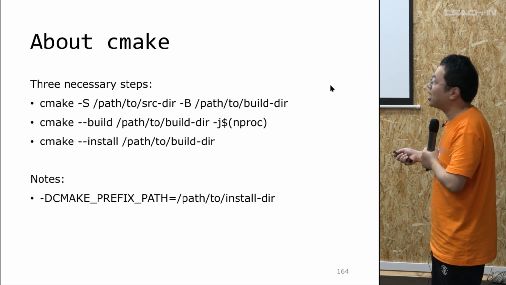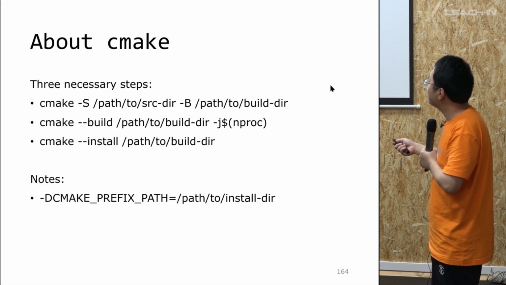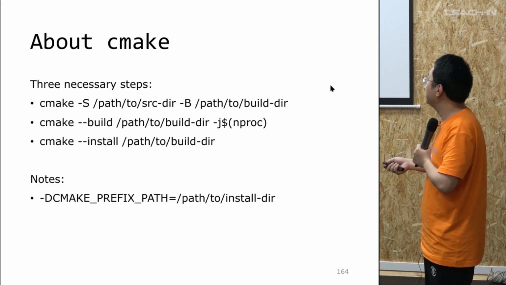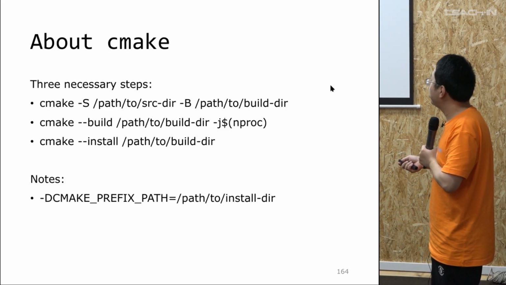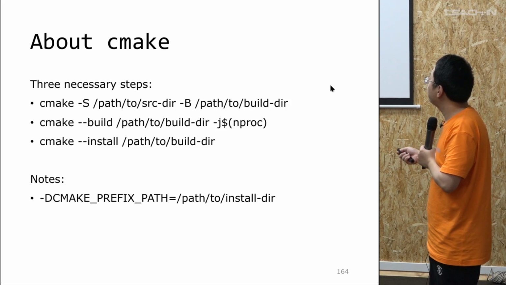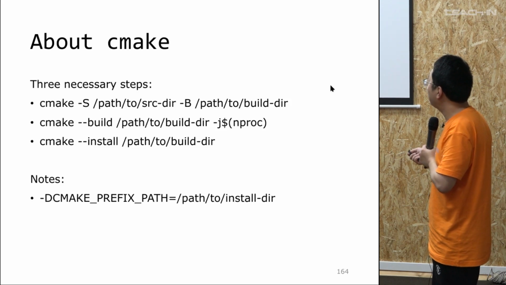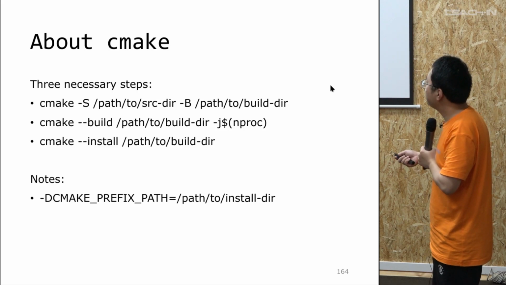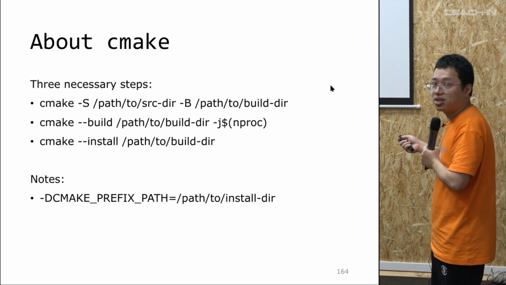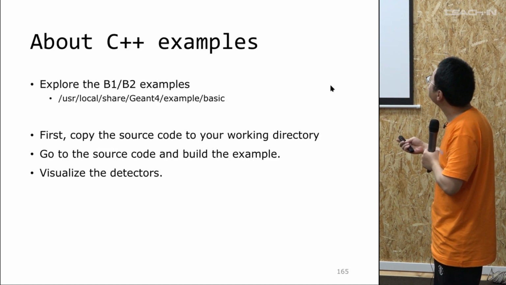You can also use install to install it into the final destination. If you want to change the install prefix, you can use -D to define a variable, CMAKE_PREFIX_PATH, when you run the CMake configuration. And you can also find some examples.